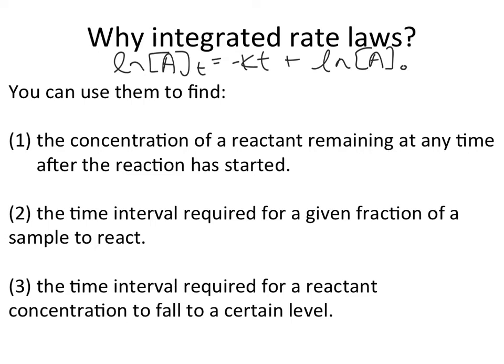We can also find the time interval required for a reactant concentration to fall to a certain level. If I know my initial concentration and I say, hey, this is the specific concentration that I want to pay attention to, I can plug those values in and solve for my time variable.